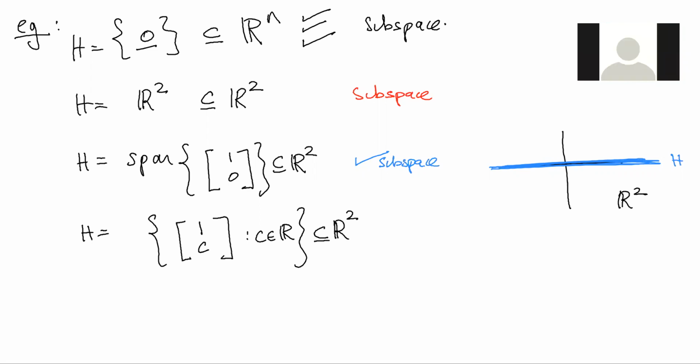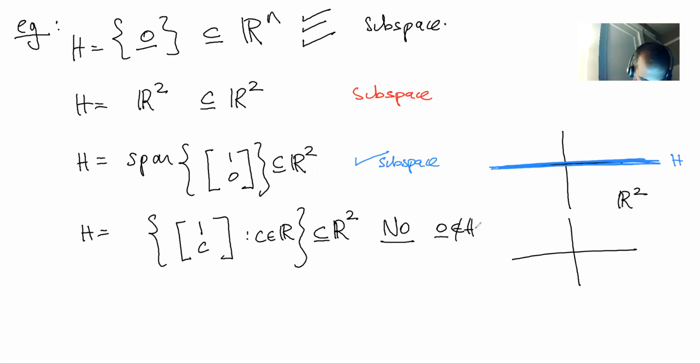No, because it doesn't go through the origin. 0 is not in H. I believe this set looks like this, and that doesn't go through the origin.